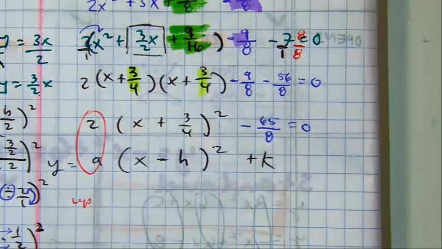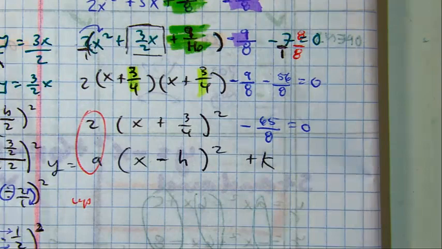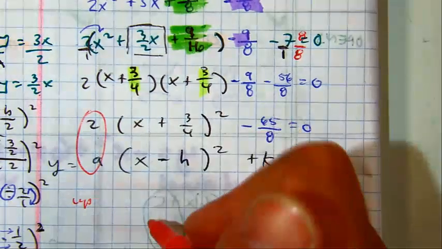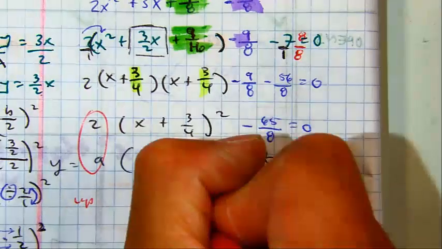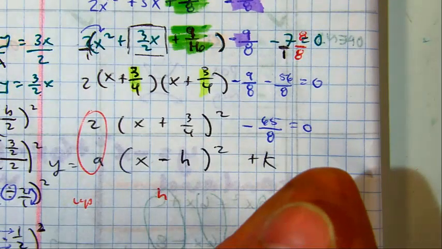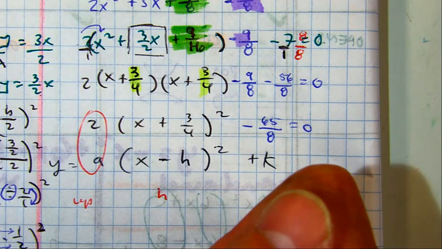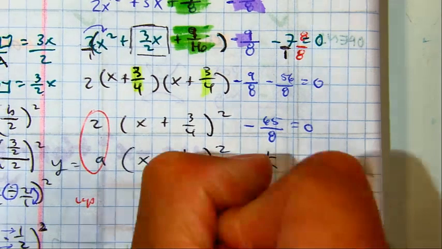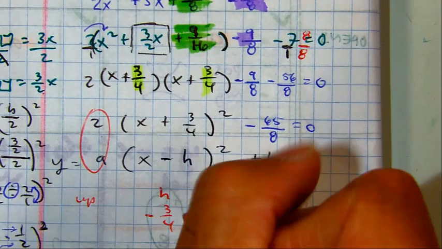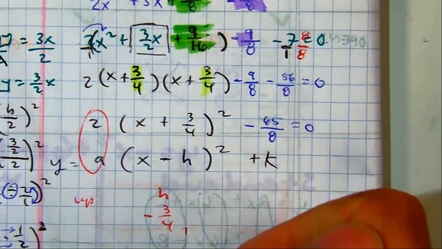H value. What is the h value for us? 3/4. Positive or negative? Negative. And your K value? Negative 65/8.